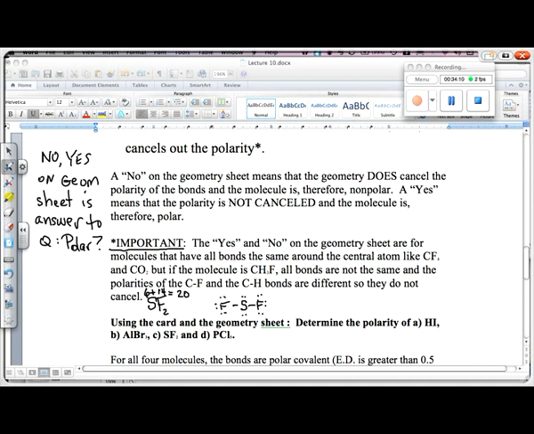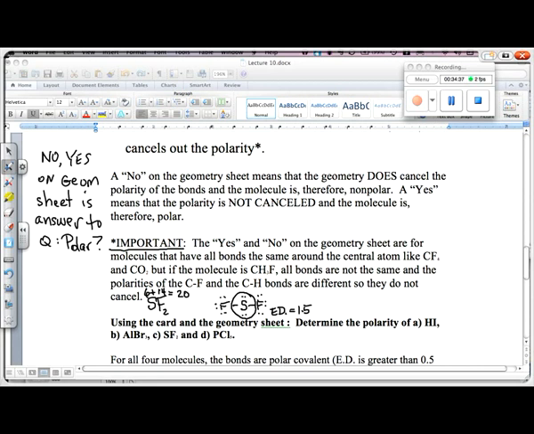Electronegativity difference of the bonds, flipping the card over. 2.5 and 4.0, so the electronegativity difference is 1.5. So the bonds are polar. Now I need to look on the geometry sheet to see if they cancel out. Focus on the central atom. Steric number of 4. 2 bonding groups, 2 lone pairs.